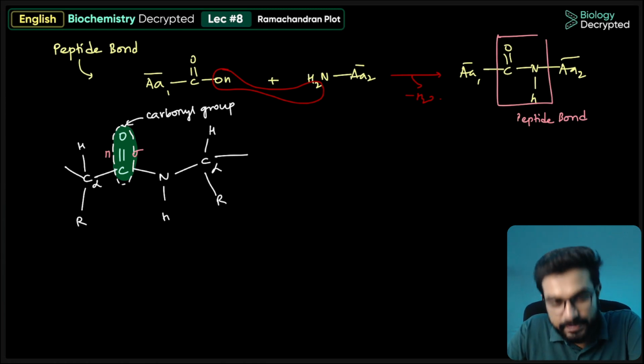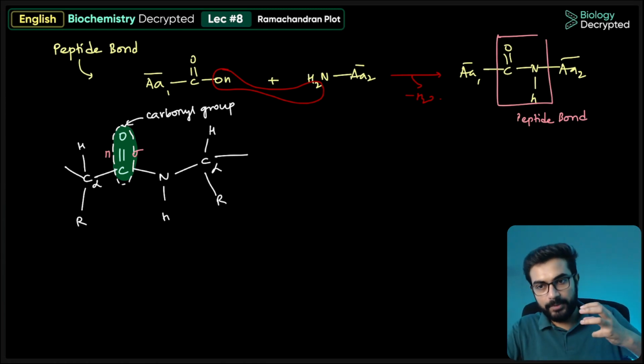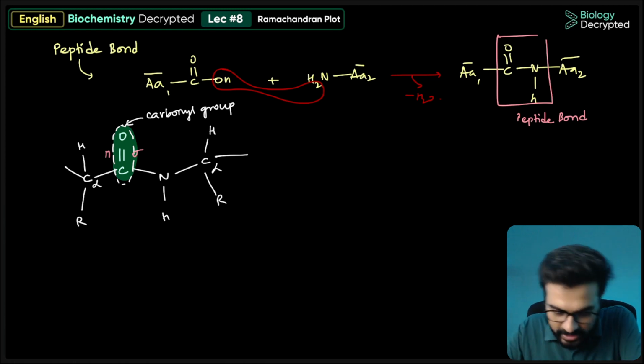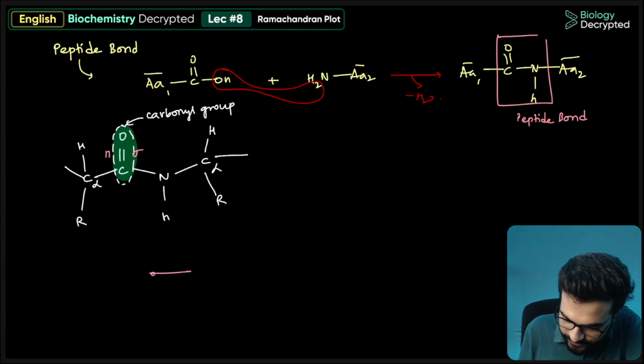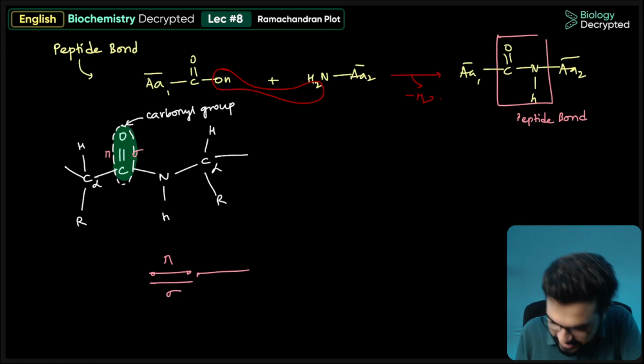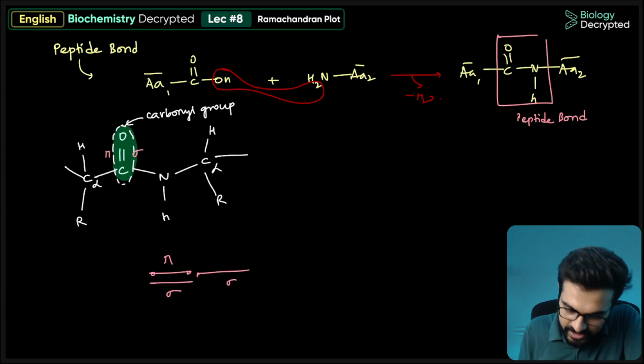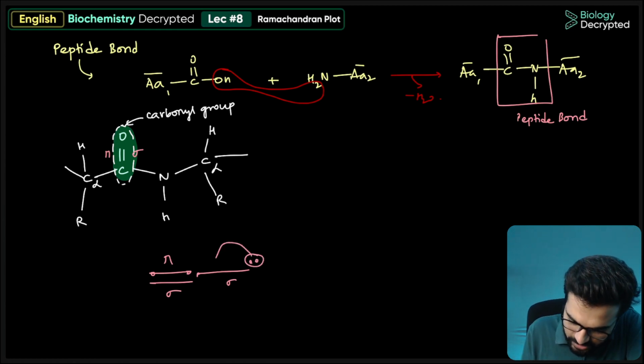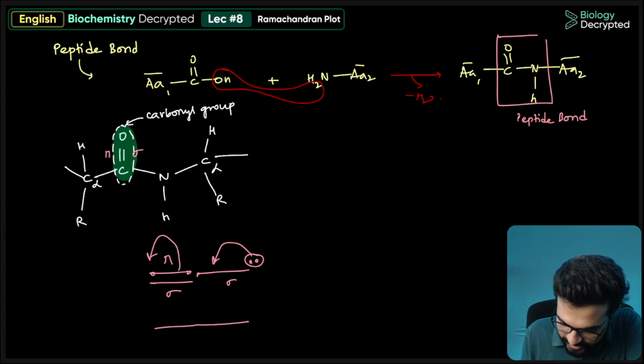These pi electrons have a unique property of delocalization. If there is a sigma bond, pi bond, and then another sigma bond, and if there is a charge here, or let's say a lone pair here, there will be a tendency in which this lone pair will become a pi bond, and these pi bonds will come to this atom. This is how resonance will take place.